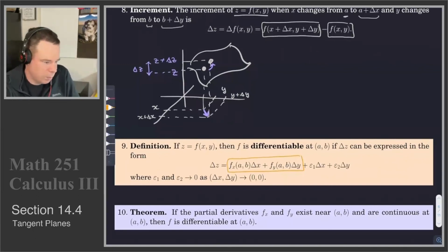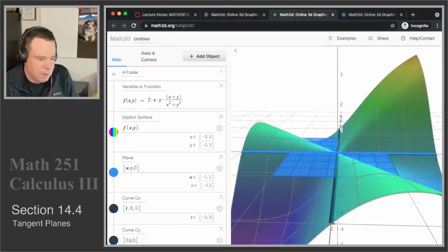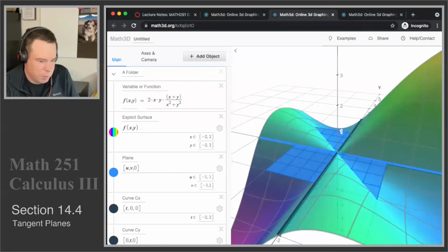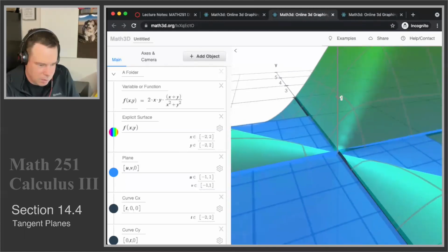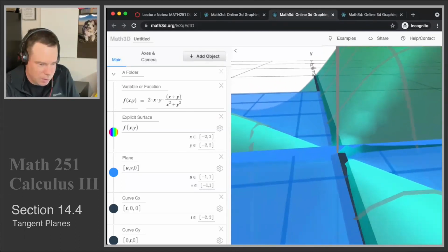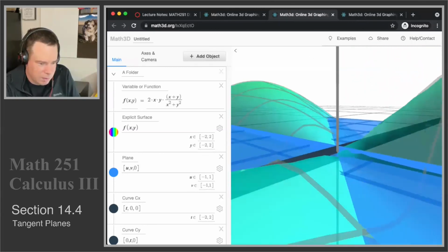And I'll finish with a picture. Here's our picture. The bottom line is a function is differentiable at a point if you can approximate it by a plane. If I look at this one here, no matter how far I zoom in and zoom in and zoom in, I'm not getting my surface looking like a flat plane.